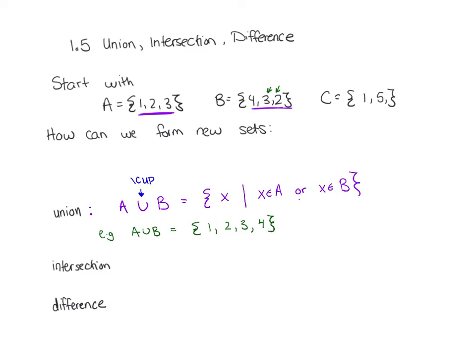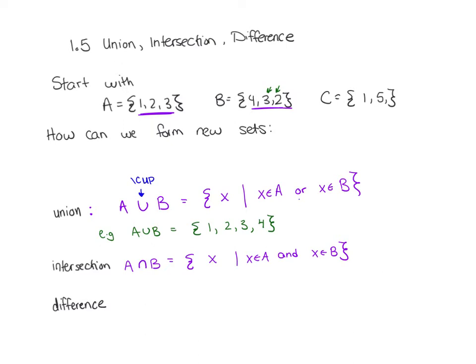All right, next for intersection, A intersect B is going to be the set of all X such that X is in A and X is in B. I didn't do the best job at drawing this intersect symbol, so let's try that again. It should be just like that. I shouldn't have that extra tail.